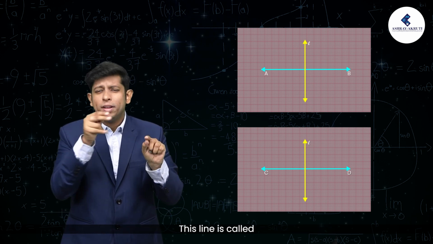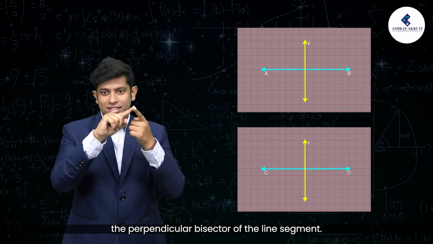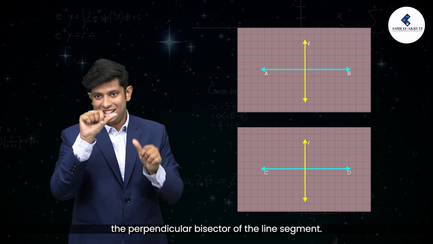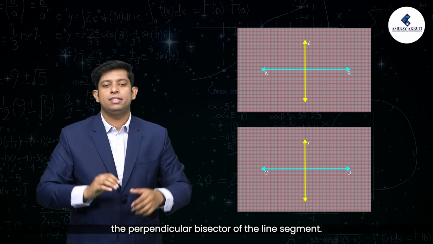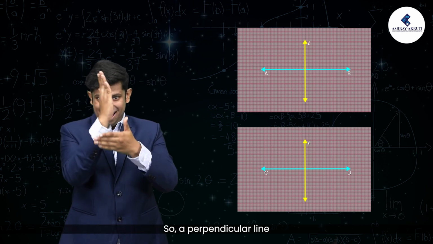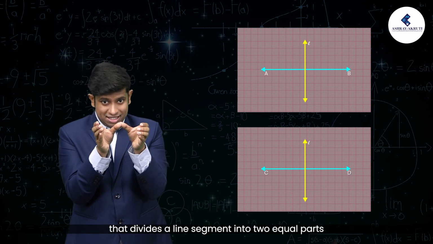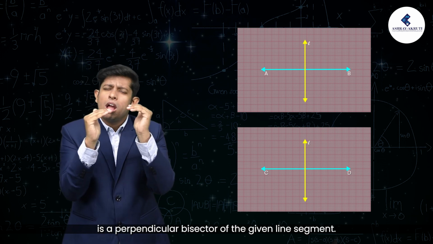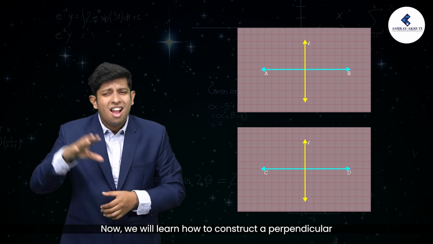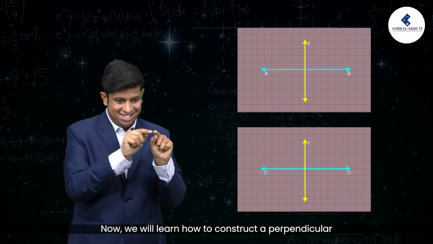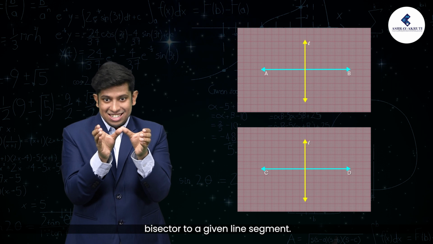This line is called the perpendicular bisector of the line segment. So, a perpendicular line that divides a line segment into two equal parts is a perpendicular bisector of the given line segment. Now, we will learn how to construct a perpendicular bisector to a given line segment.